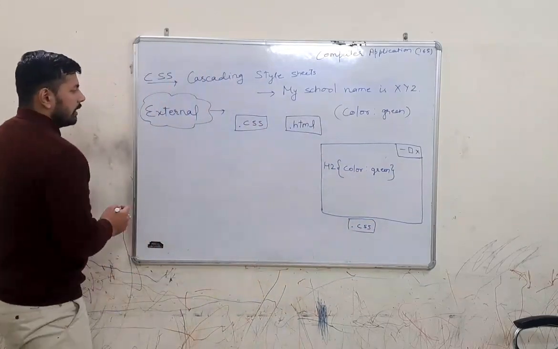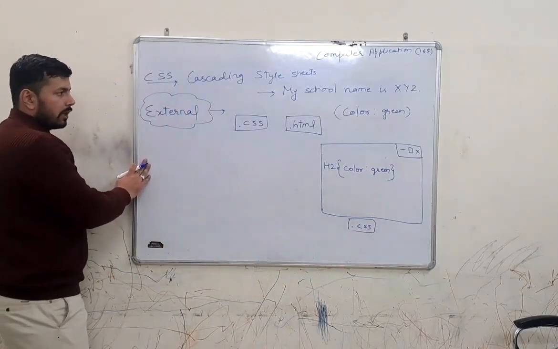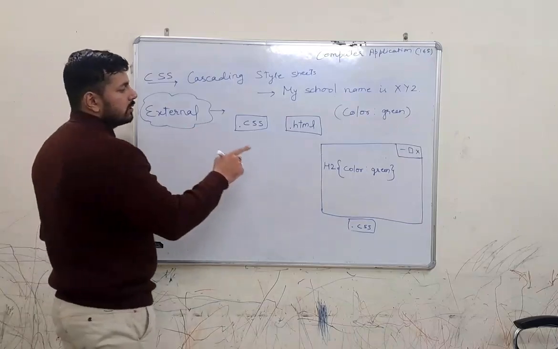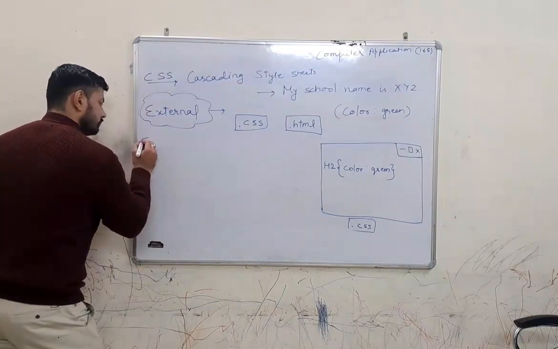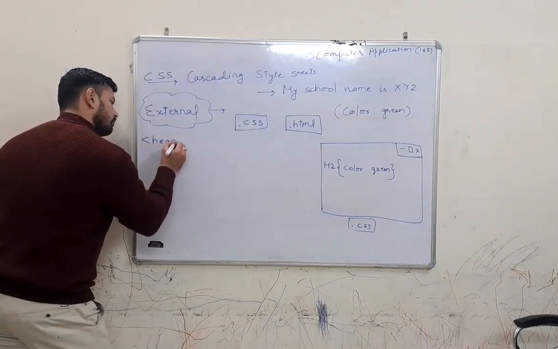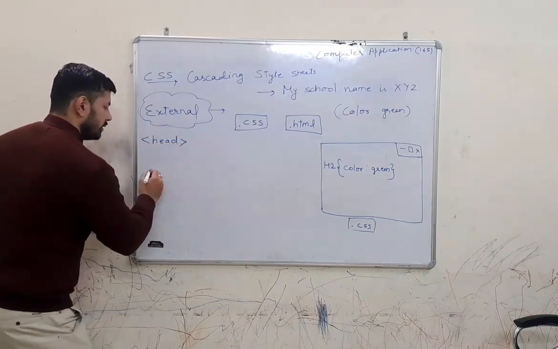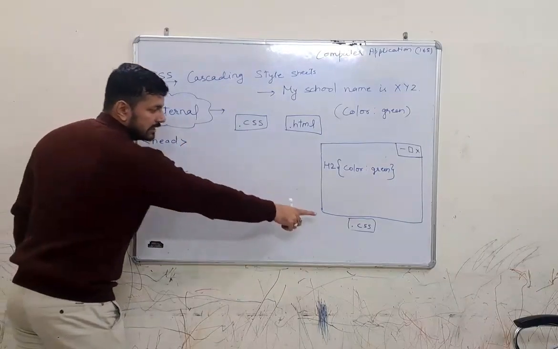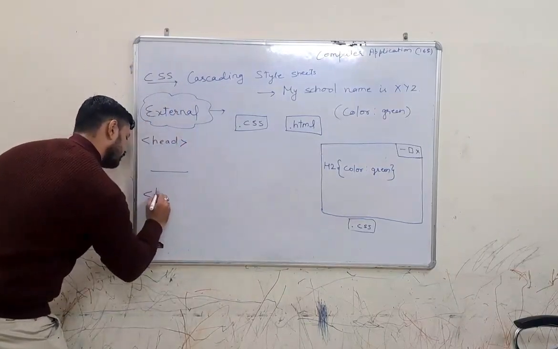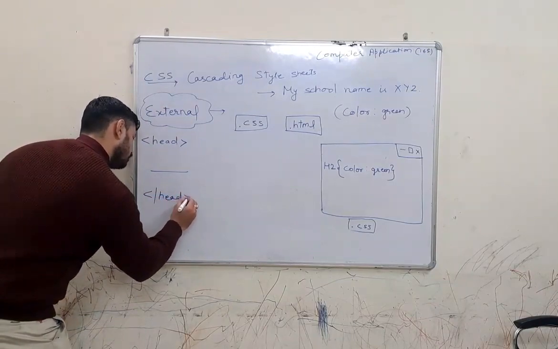Okay. And in the HTML program, how will I add this external CSS file inside the head tag? Here we will give the link of this file, and then the head tag will close.